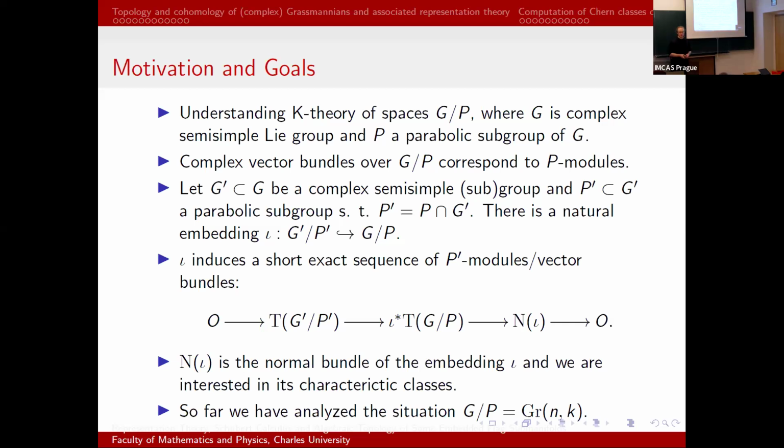So far, we have computed the characteristic classes when iota is an embedding of complex Grassmannians. Maybe just to mention my notation, I denote Gr(k,n) the Grassmannian of k-dimensional subspaces of C^n.